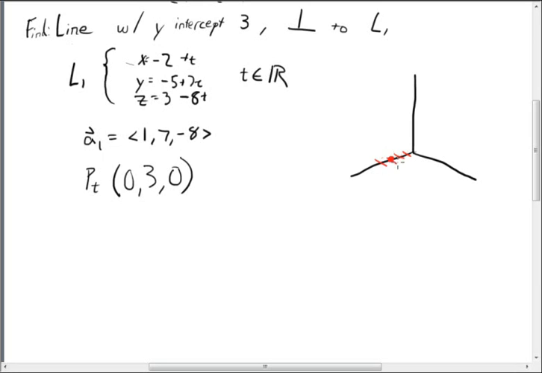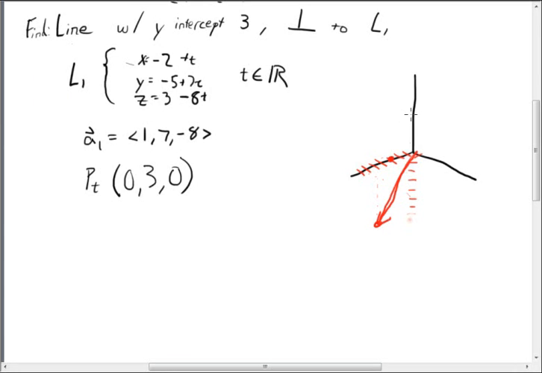Here's the point that it passes through. 4, 5, 6, 7. x1, z minus 8. 1, 2, 3, 4, 5, 6, 7, 8. So we have a point down here that is actually down here. And that is a vector going to that point.